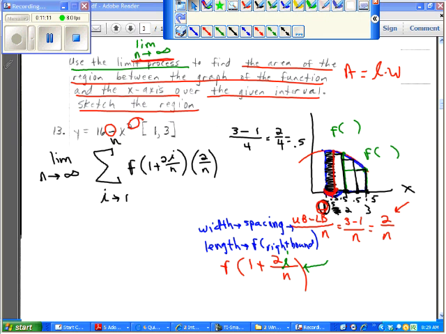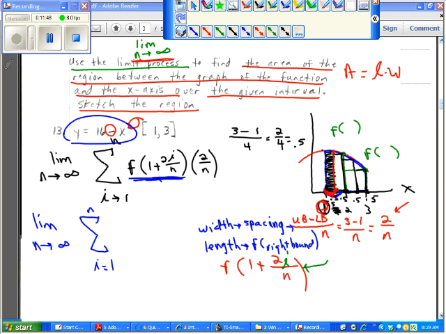All right. Now what we need to do is simply solve that equation. Okay? So how could we do that? Well, let's rewrite the first part. The limit as n approaches infinity of the summation as I runs from 1 to n of the function value of that.